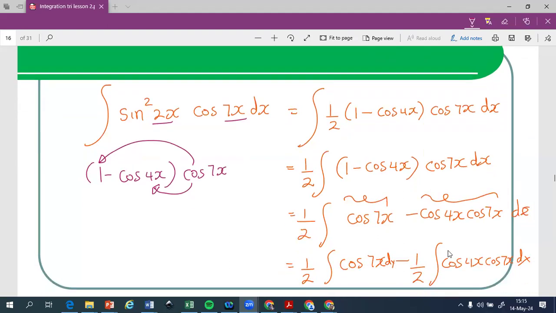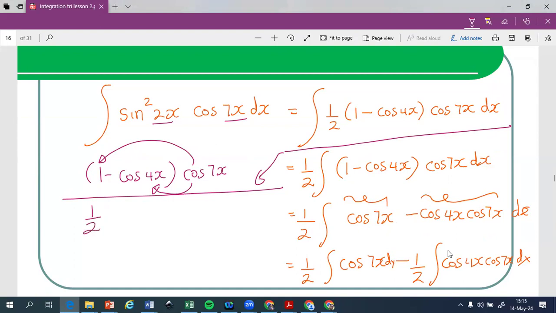I beg your pardon, now you have opened the brackets. I see this step of a half, yes, that first step. And you open and get a half minus a half cos 4x cos 7x, and integrate that in parts. Is it okay? Not really.